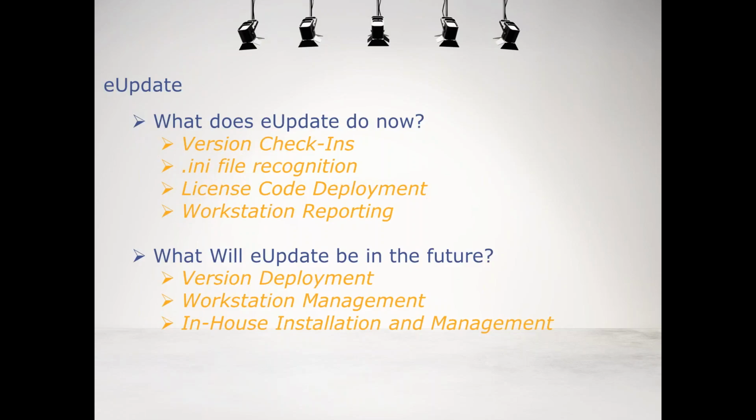So that will be the main use, and that will be the workhorse for eUpdate. As we had covered earlier in the webinar, we can also see version check-ins, any file recognition, as well as generate reports for your credit union on what your internal picture looks like.